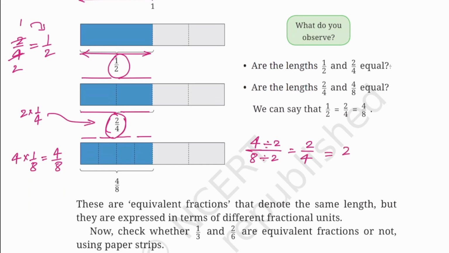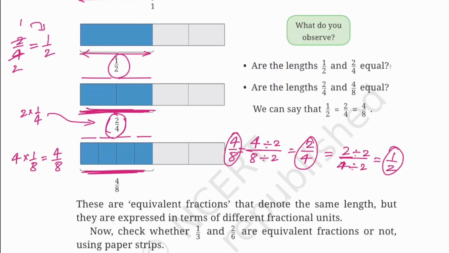And if you again divide numerator and denominator by 2, you will get 1 upon 2. So 4 upon 8 is equal to 2 upon 4 is equal to 1 upon 2. You can see it here. This length is equal to this length is equal to this length.